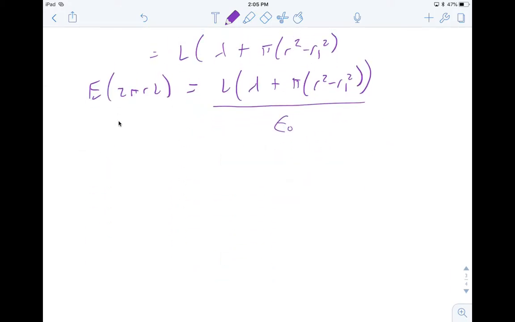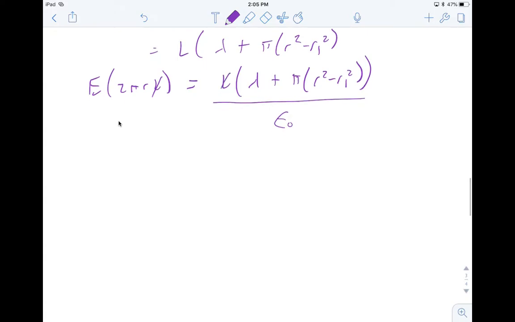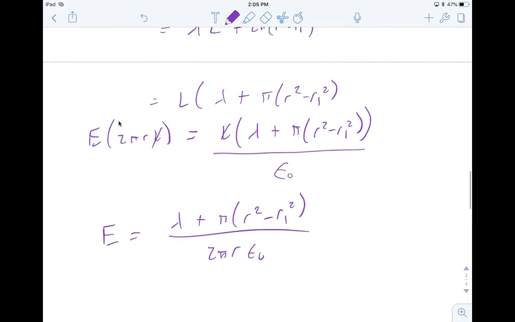Dividing both sides by 2 pi RL, the L's cancel, and we're left with E equals lambda plus rho pi times R squared minus R1 squared, divided by 2 pi R epsilon naught. So that is for that region.